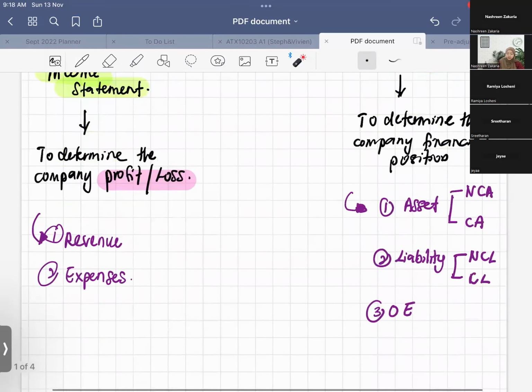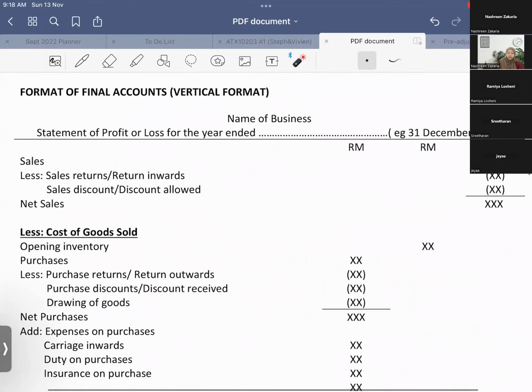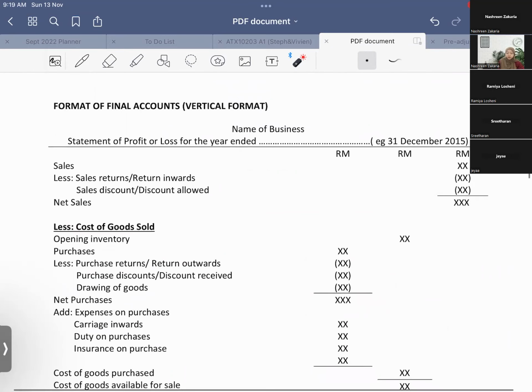Okay, now let's take a look at the format. This is a format of profit or loss, or SOCI. Okay, SOCI, we have a lot of names now. We have SOCI, income statement, statement of profit or loss. That is actually the same statement. So this is the first format for SOCI. We will take a look at the vertical format of financial statements. Financial statements have two kinds of format.